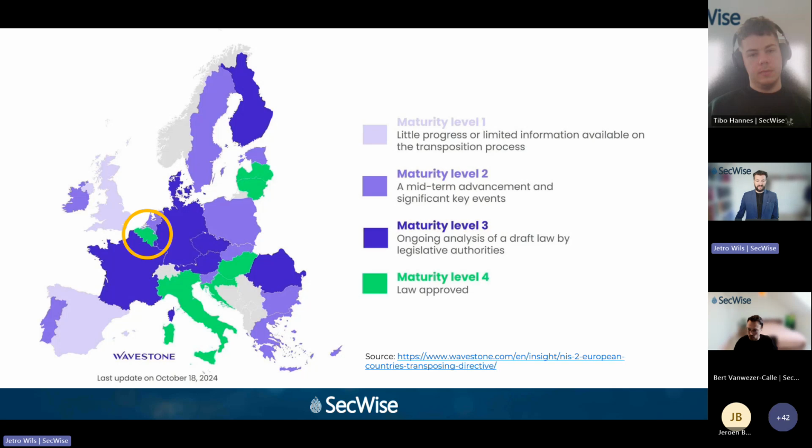From level 1, basically we still have to start as a member state, all the way to level 4, which is the law has been approved. Completely transposed. Everything is written and published. And as you can see, we in Belgium, we are level 4. We're one of the first and top of class when it comes to NIS2 in Europe.